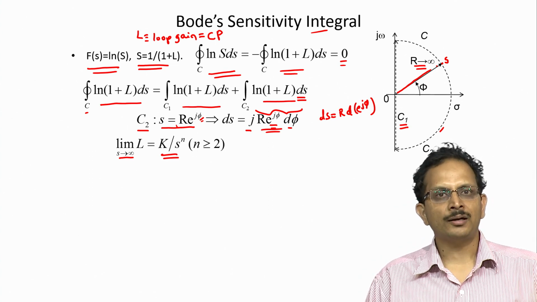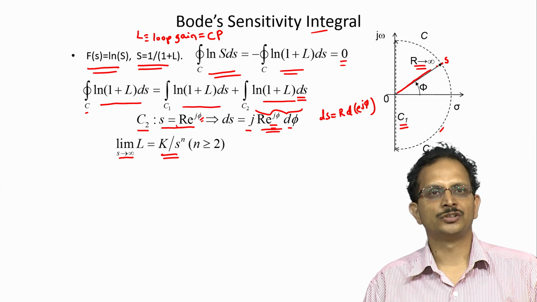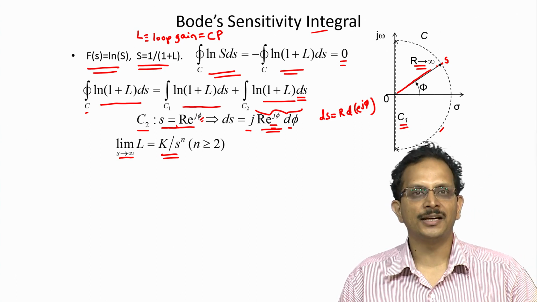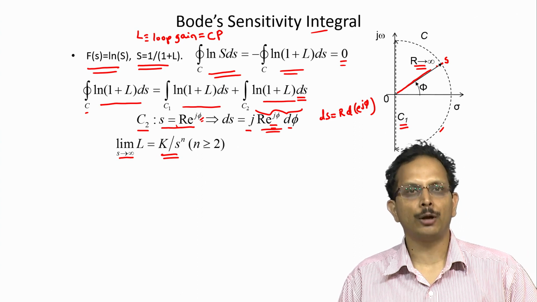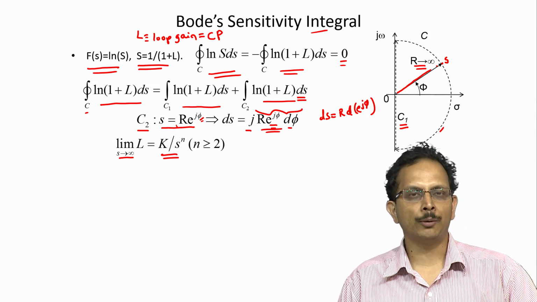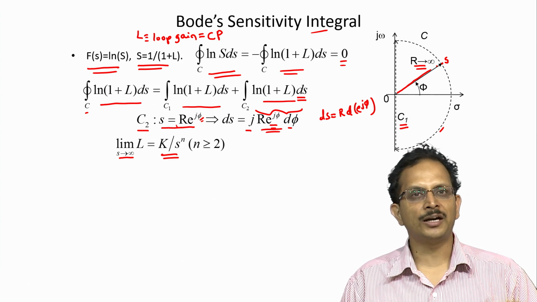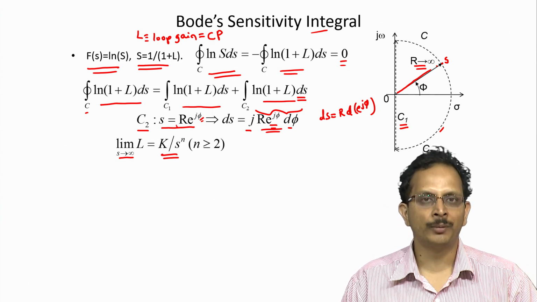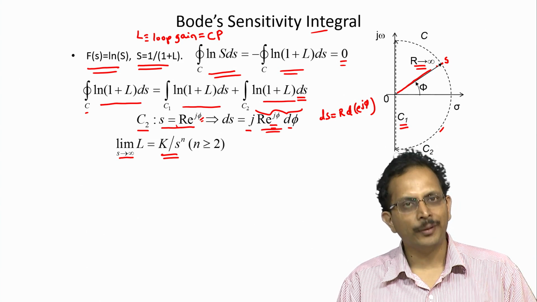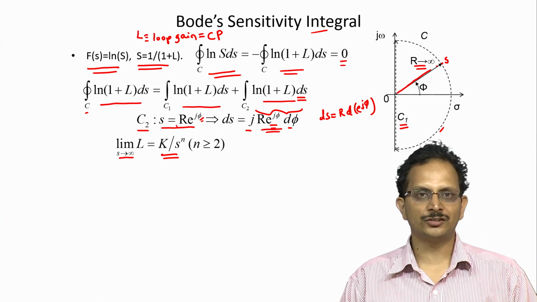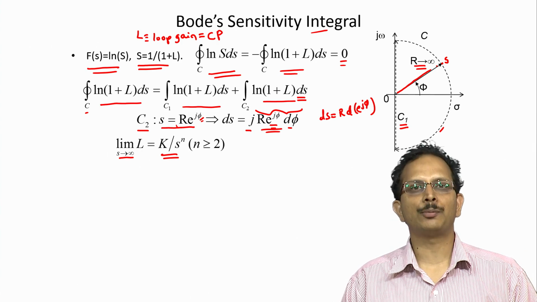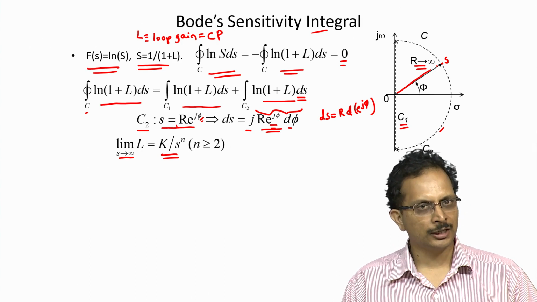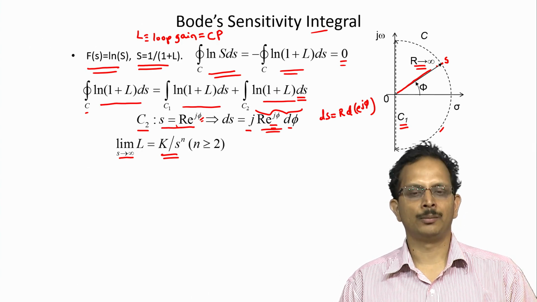Since the controller is a physically realizable transfer function, it has to be strictly proper, and hence the denominator polynomial of the controller has to have a degree that is at least 1 unit greater than its numerator polynomial. And likewise, since the plant is also a physical system and has to be strictly proper, the denominator polynomial of the plant should have a degree that is at least 1 unit greater than its numerator polynomial.